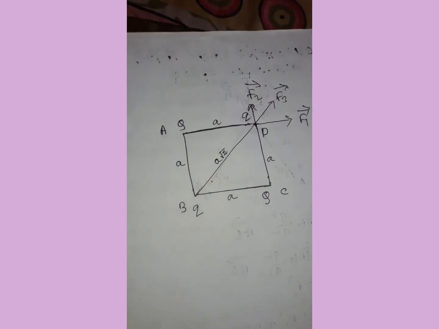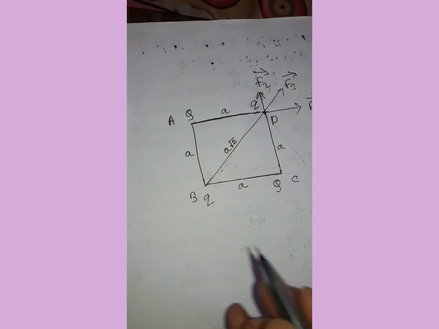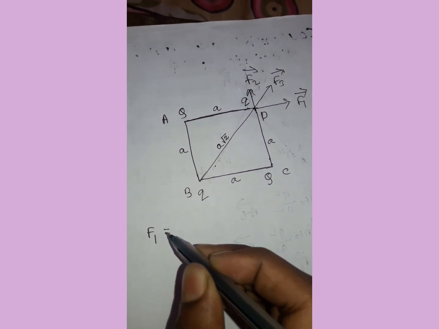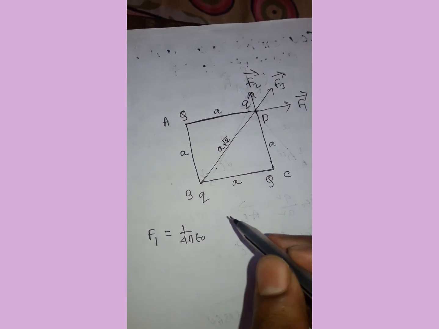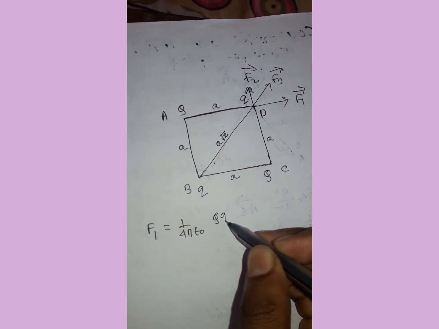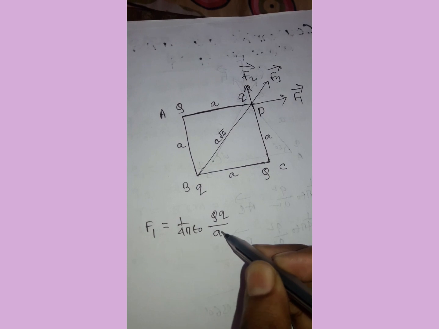Now the values of the three forces are given by F1 equal to 1 by 4 pi epsilon naught, capital Q into small q by a square.